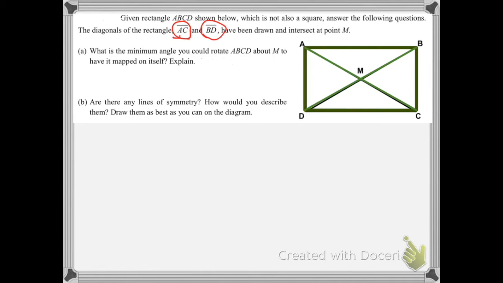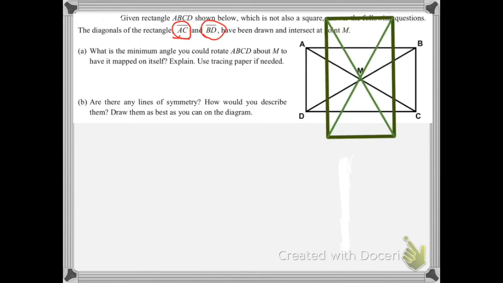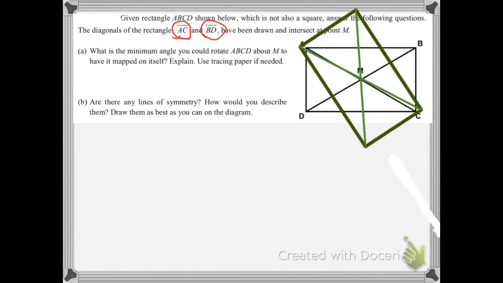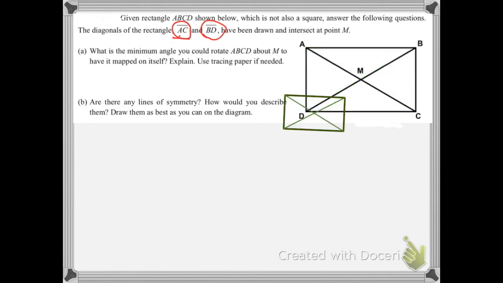So note that a rectangle is full of 90-degree angles, right? And so if I take this and I rotate it 90 degrees, let's see what happens here. 90 degrees. There, it lands right there. It's not yet right on top of itself. So one more 90-degree rotation lands right on top of itself, okay?